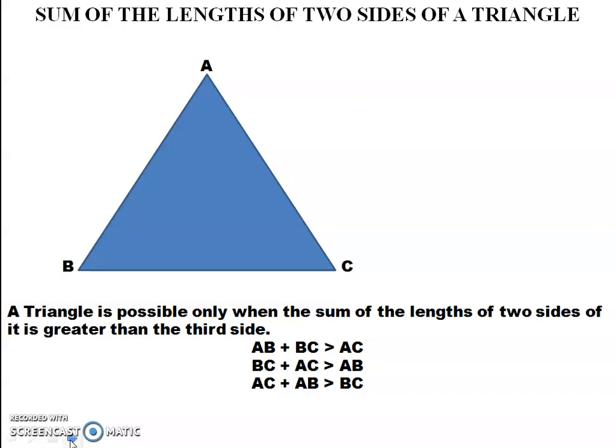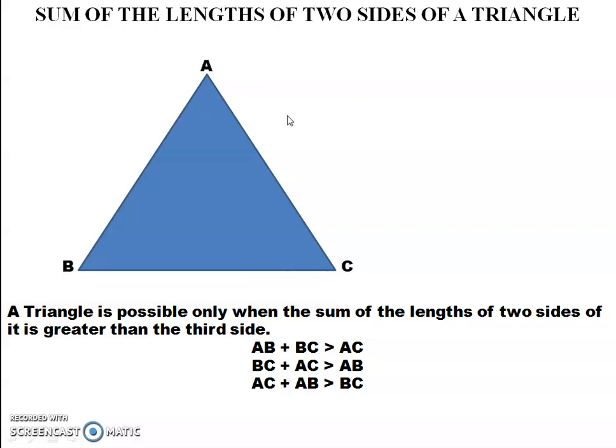Now here you can see a triangle ABC. The property says that the sum of any two sides. So which are the sides here? AB, BC and CA.